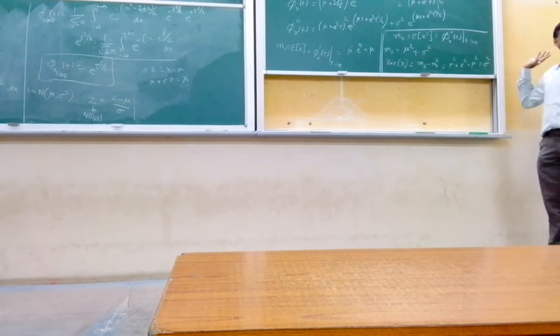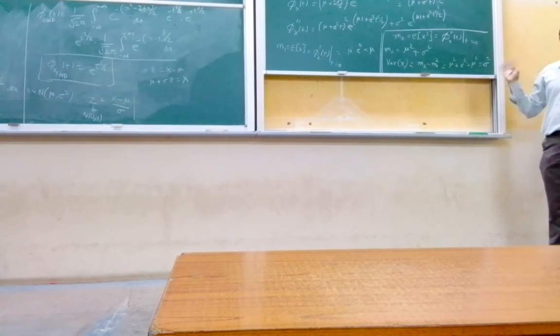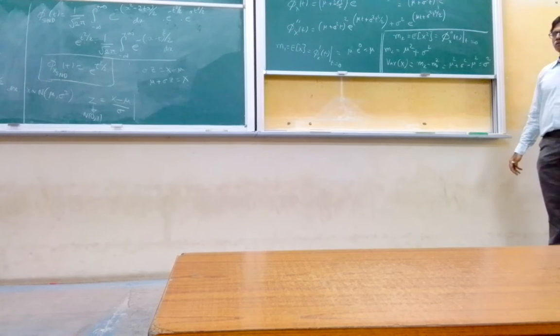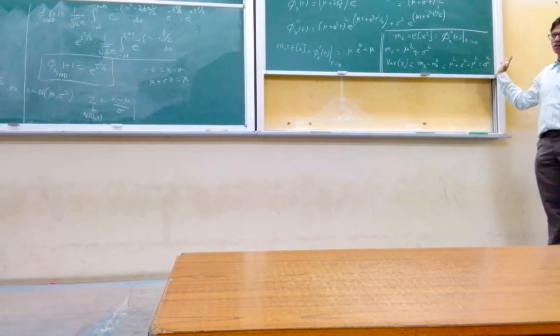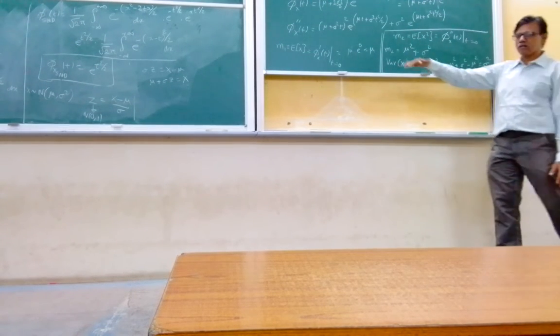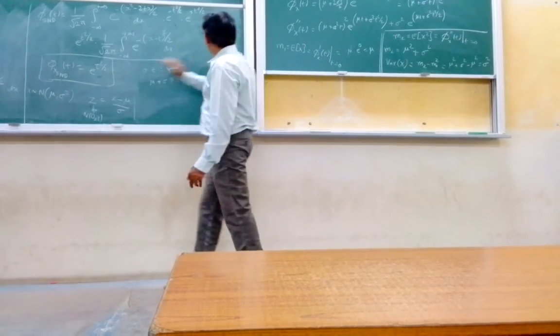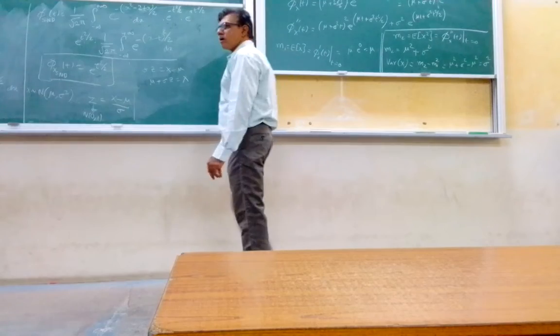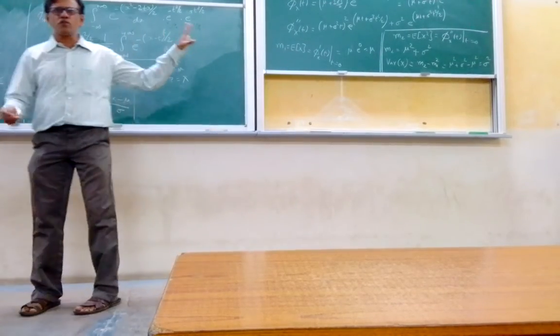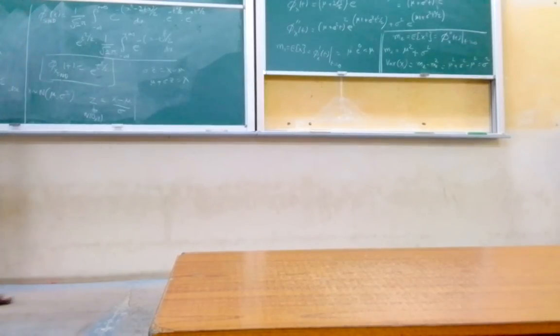Variance again we get as sigma squared, which is what we expect for the Gaussian distribution. So the MGF for the Gaussian random variable turns out to be like this, and it can be used for various other things. This is just a simple way of convincing ourselves that we are on the right track.